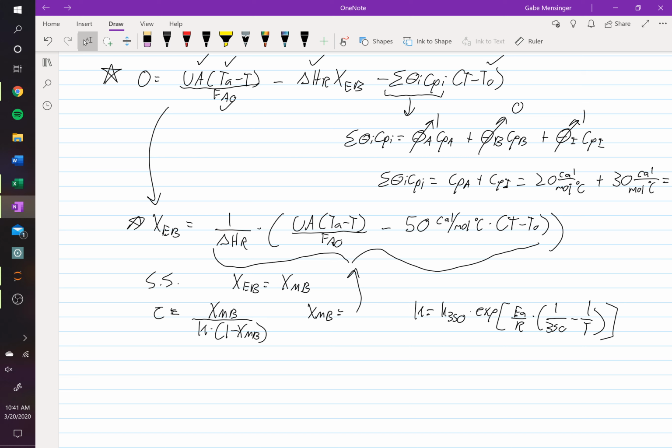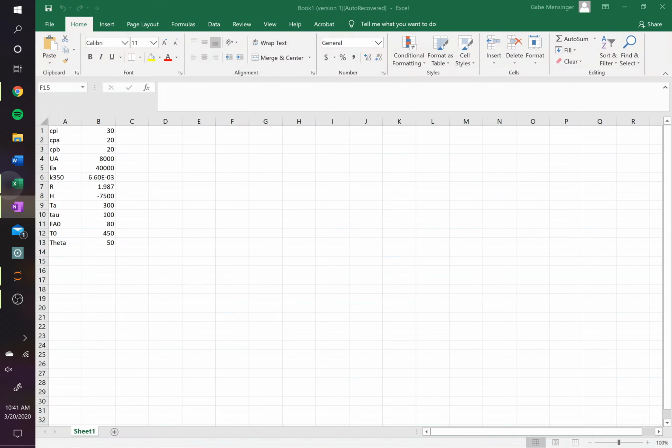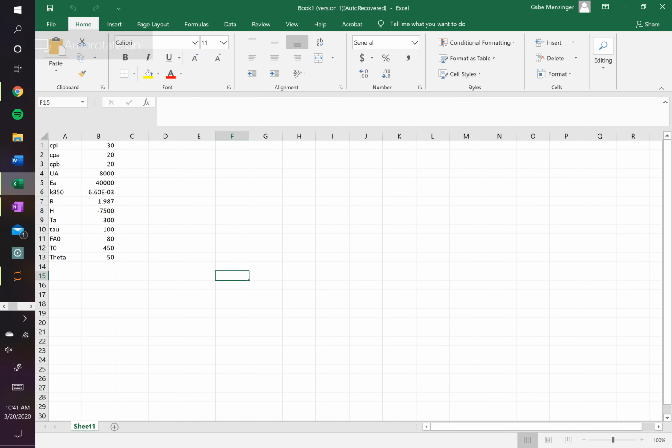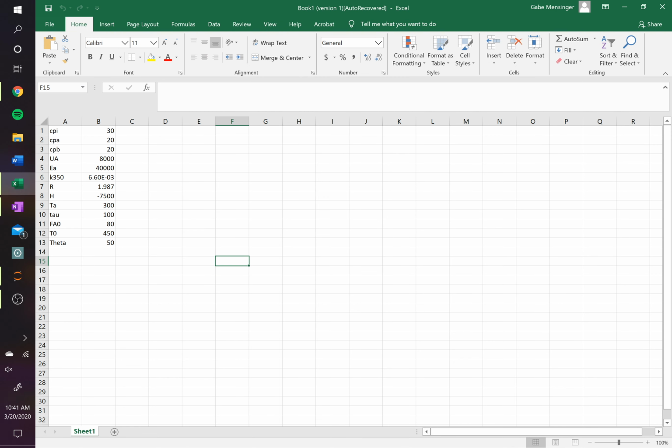If I can get my mouse to work, wherever it is. There it is. All right, so here's the Excel file. For the most part, all of these are just constants that were plugged in.